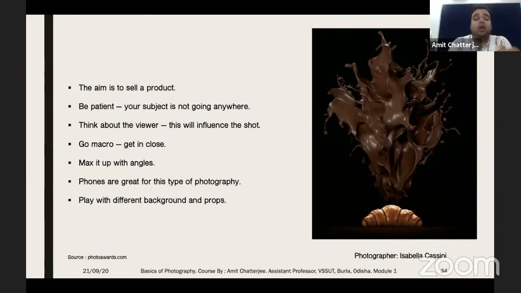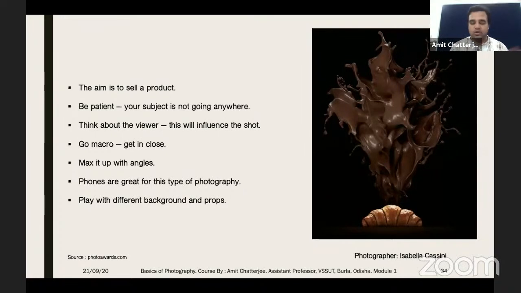You can mix up a lot of angles, and surprisingly phones are a great instrument for this kind of photography, because since phones are so handy, you can actually go really close to the subject. Unlike that, if you have a DSLR, you might need a specialized lens, which is known as the macro lens, to go really close.